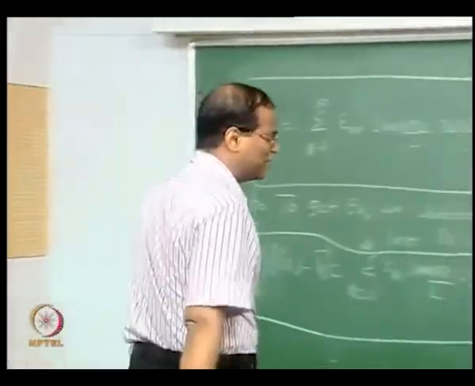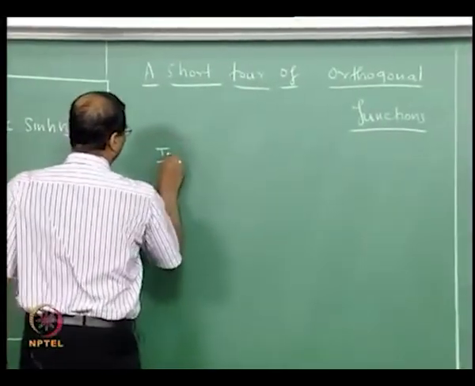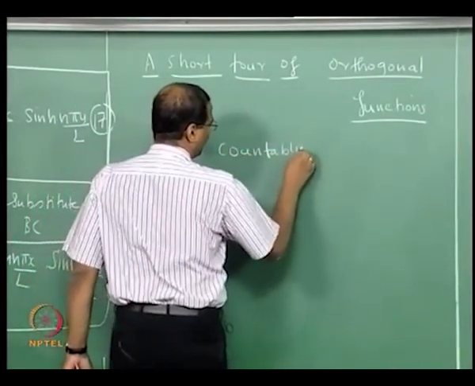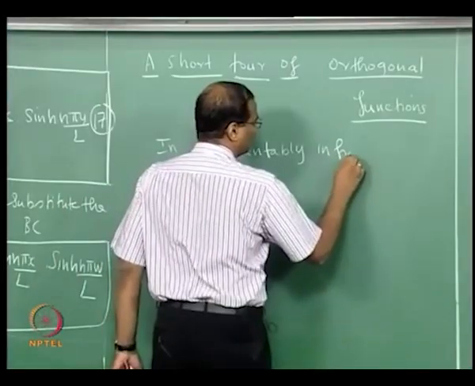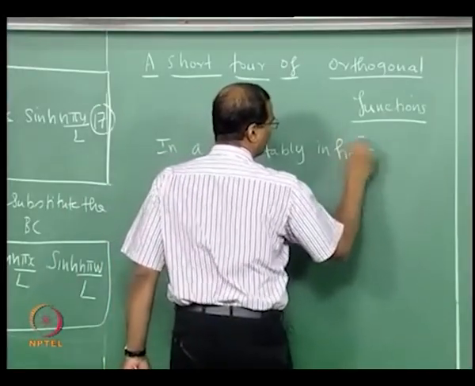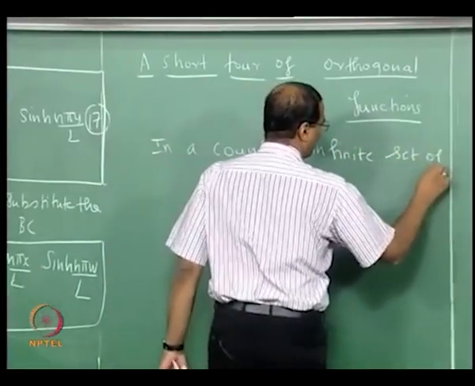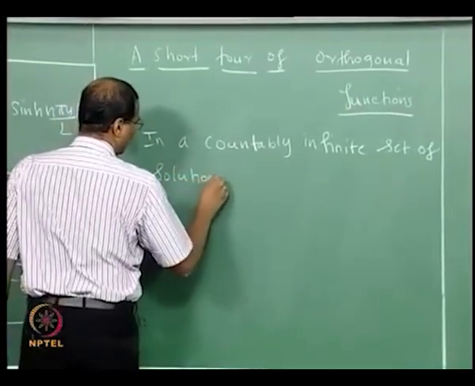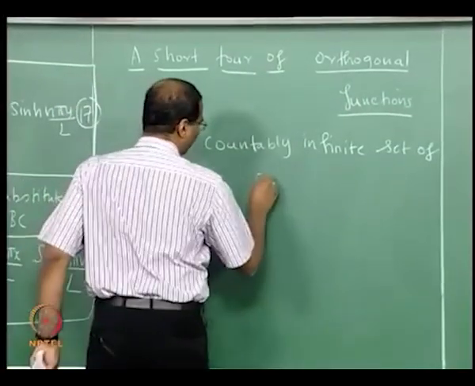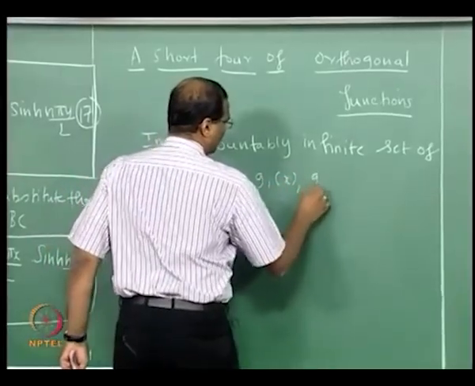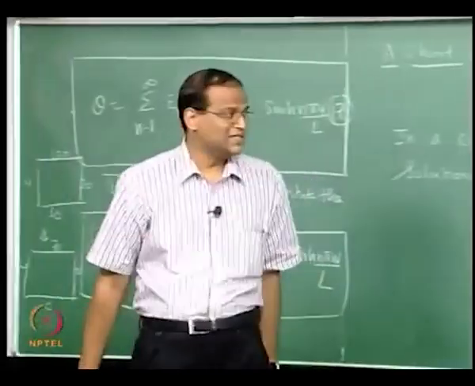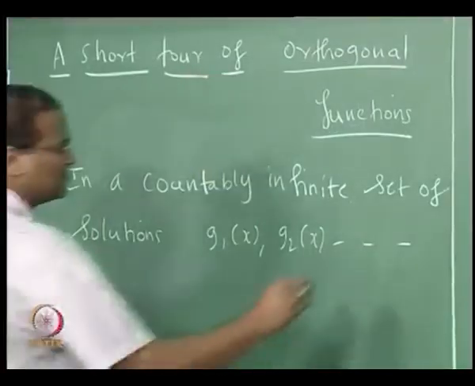So in a countably infinite set of functions, that is the way the mathematicians call it, solutions g1 of x, gm of x and gn of x.